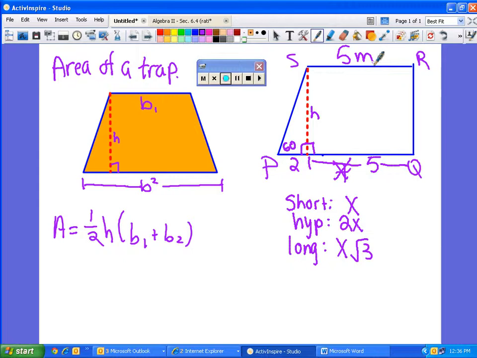I'll take a volunteer. What does it mean that the short side is x and the long side is x square root of 3? Hypotenuse.